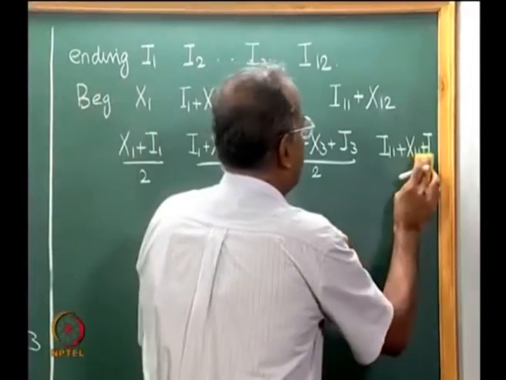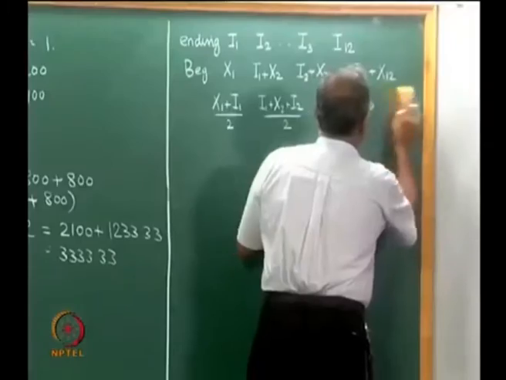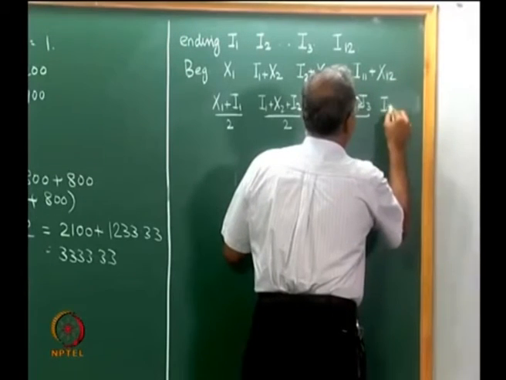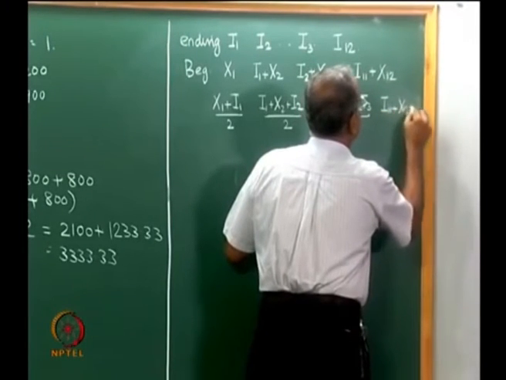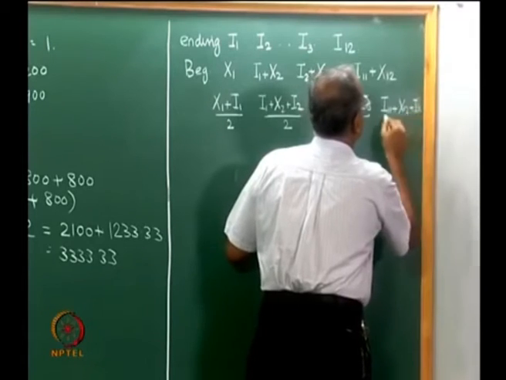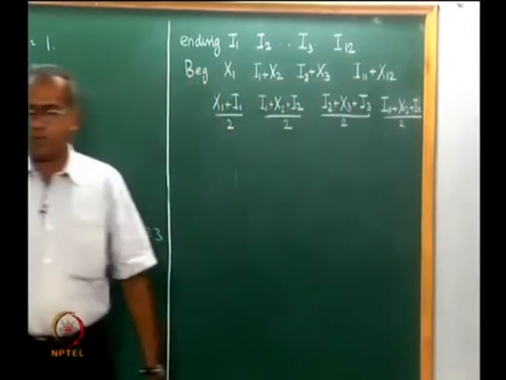So this will become I11 plus x12 plus I12 divided by 2.